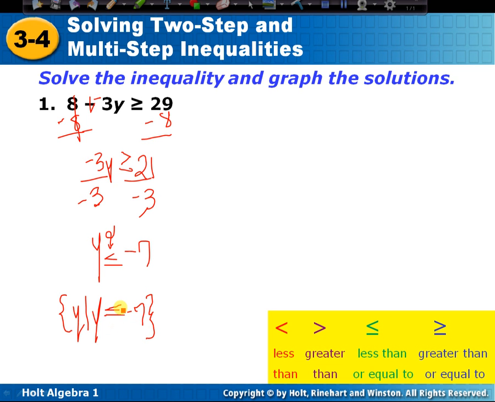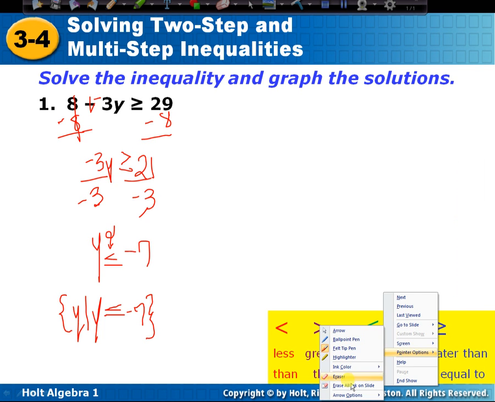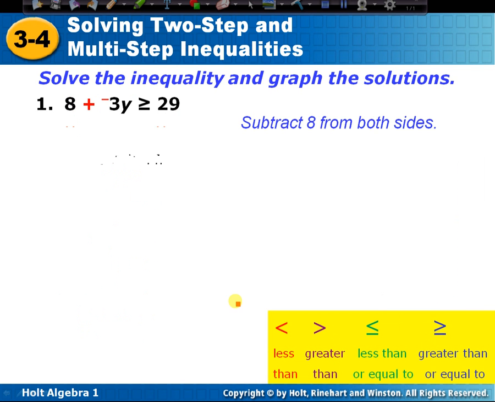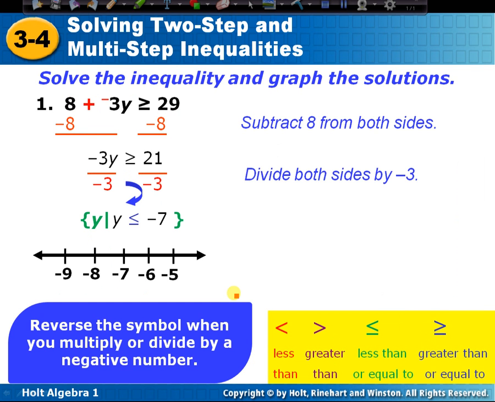And now I have solved, I have set, now I have to graph, and then I have to check. So to graph this, I'm going to go ahead and bring in the number line. Here's my number line.